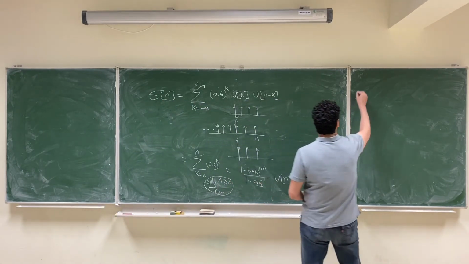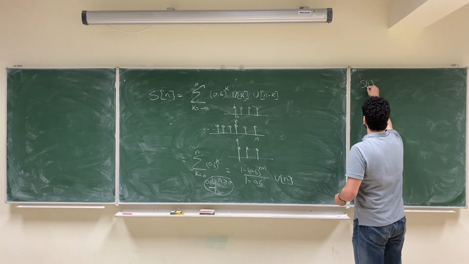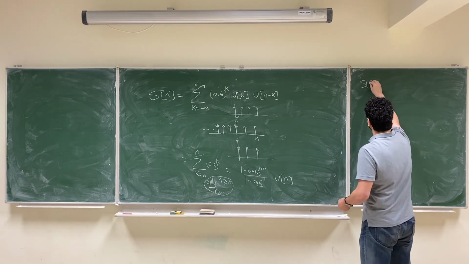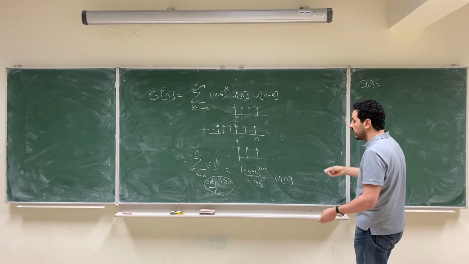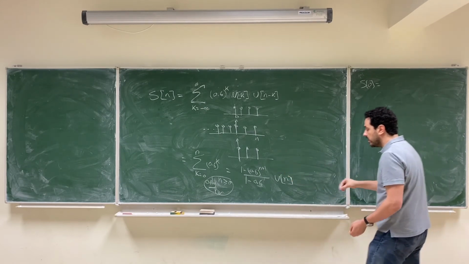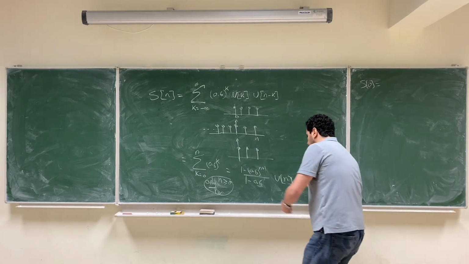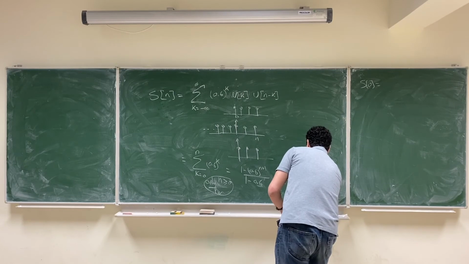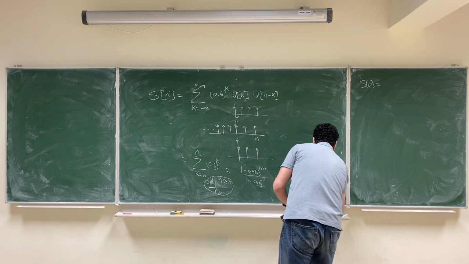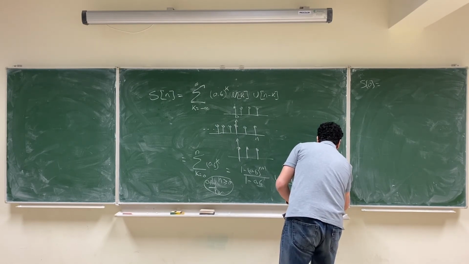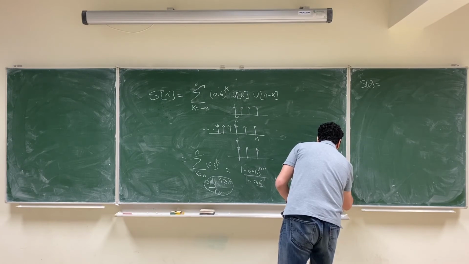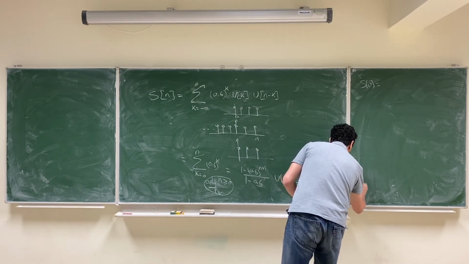So, for example, you can say that S1, S0, let's start with S0. S0 will be, you substitute 0 here, and here we reach another form, 2.5 multiplied by (1 minus 0.6 to the power n plus 1) multiplied by u[n].